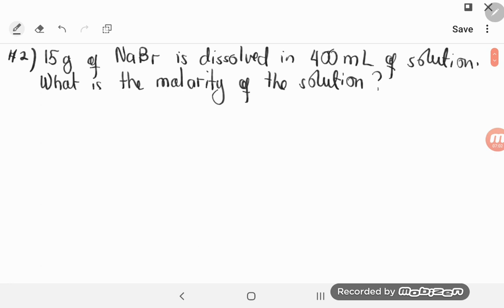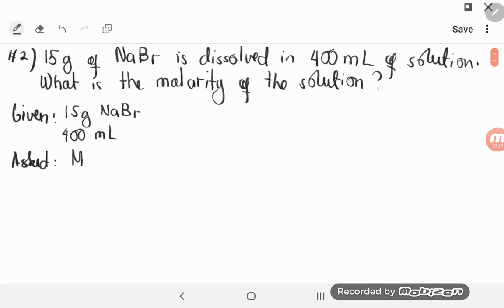Okay, so once again, let's read. 15 grams of sodium bromide is dissolved in 400 mL of solution. What is the molarity of the solution? So let us identify first the given and the problem. We have 15 grams of sodium bromide and 400 mL of solution. What is being asked in the problem is the molarity.